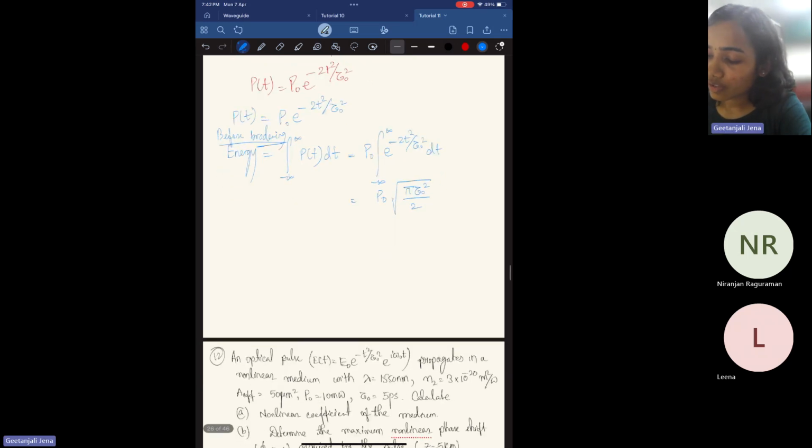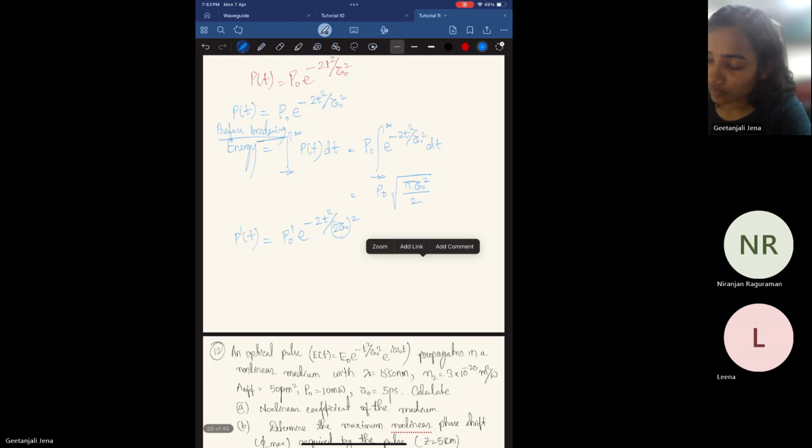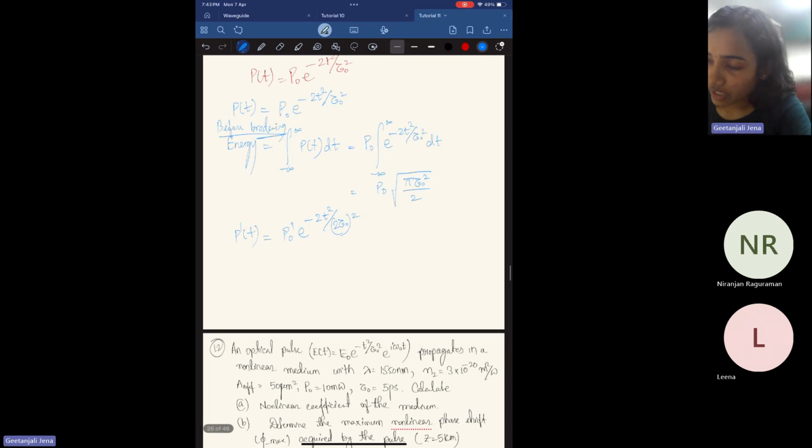Now, because we are increasing the temporal width, we have a power P(t), which is P0 prime e to the power minus 2 t square over 2 times tau 0 square. So that means we now have the energy.